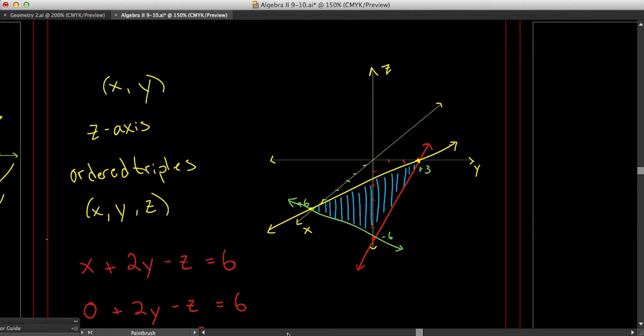And now, bounded by these 3 lines is what we can actually represent this plane as. So the equation of this plane actually looks like this in 3 dimensions. And now that we've found the intercepts for the x, y, and z axis, we can actually represent that just using the 3 linear equations that we had.